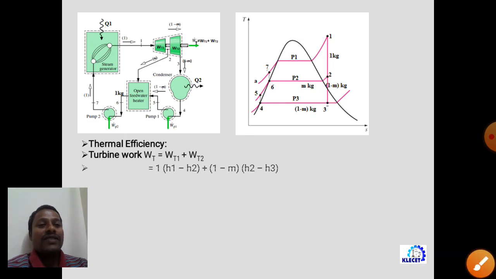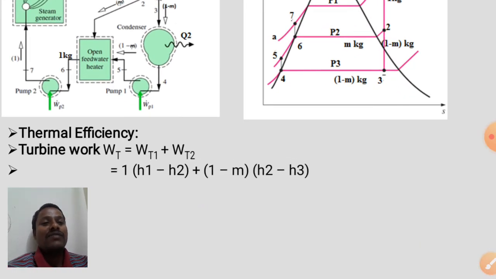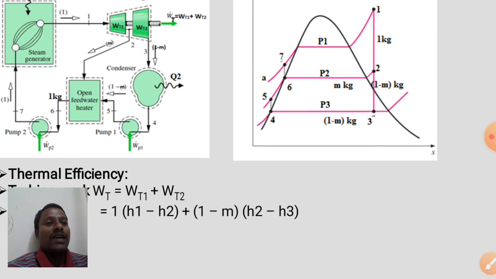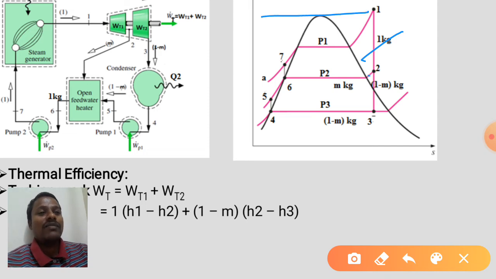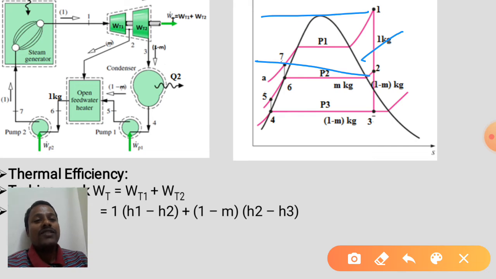After this we have the turbine work in terms of enthalpies, as we have already discussed. Wt1 is produced during the 1 to 2 process, so H1 minus H2 will give it, but the quantity of steam expanded during the 1 to 2 process is 1 kg. So I am multiplying that 1 with H1 minus H2, plus the remaining stage, that is Wt2.